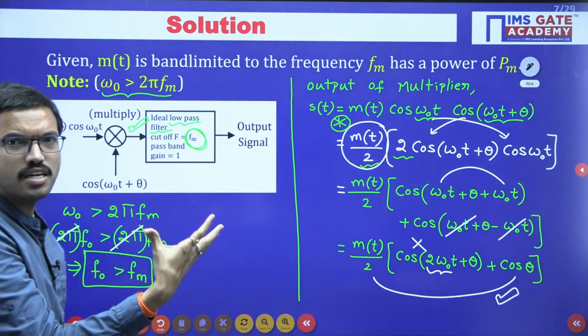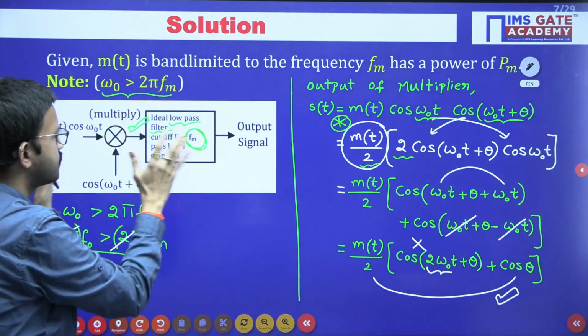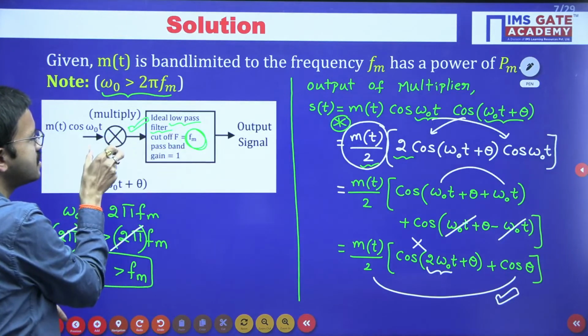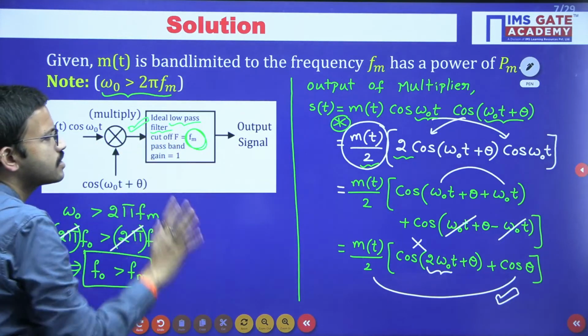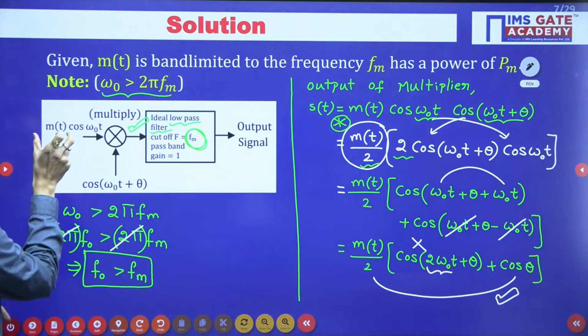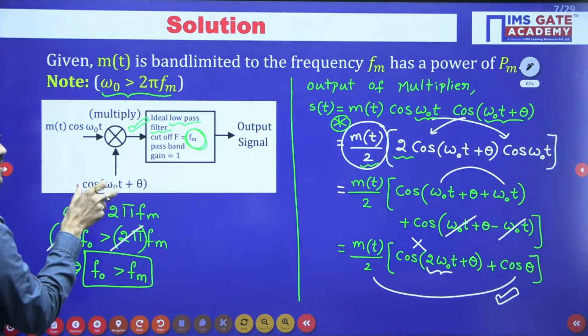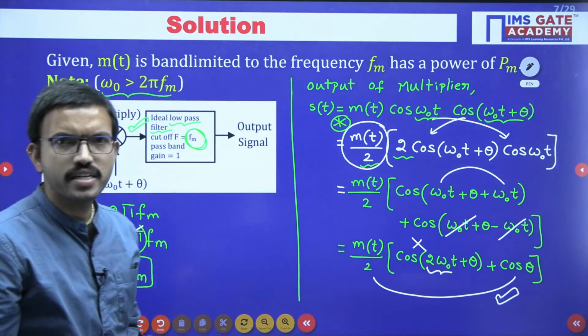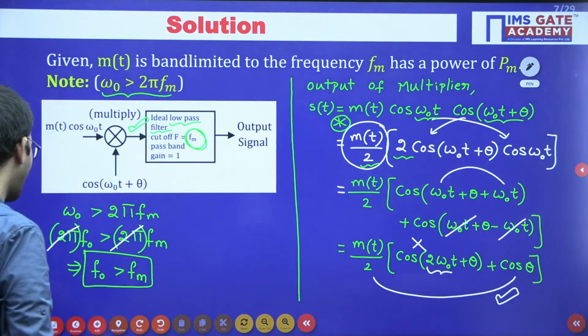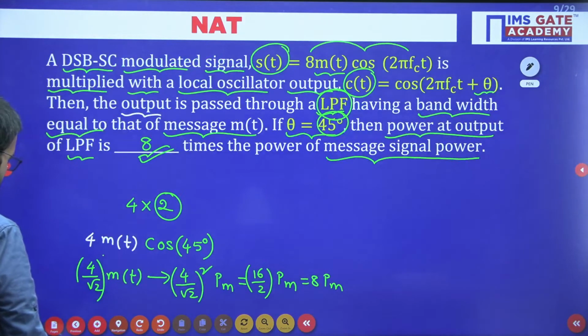But detector-wise, a synchronous detector means you have mainly two components: one is a multiplier, and the other is a low pass filter. For that multiplier you have two input signals, one is the modulated signal and the other is the locally generated carrier signal. I hope it is clear for everyone. So this is the main conclusion point for solving this question.